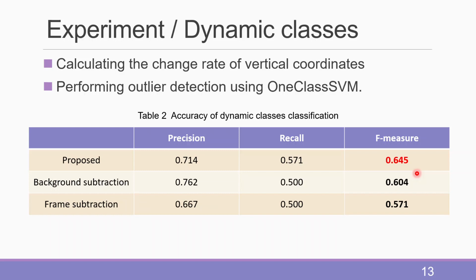The frame subtraction method cannot accurately obtain a differential image when the cat's motion is small. For these reasons, the classification accuracy of the proposed method was higher.